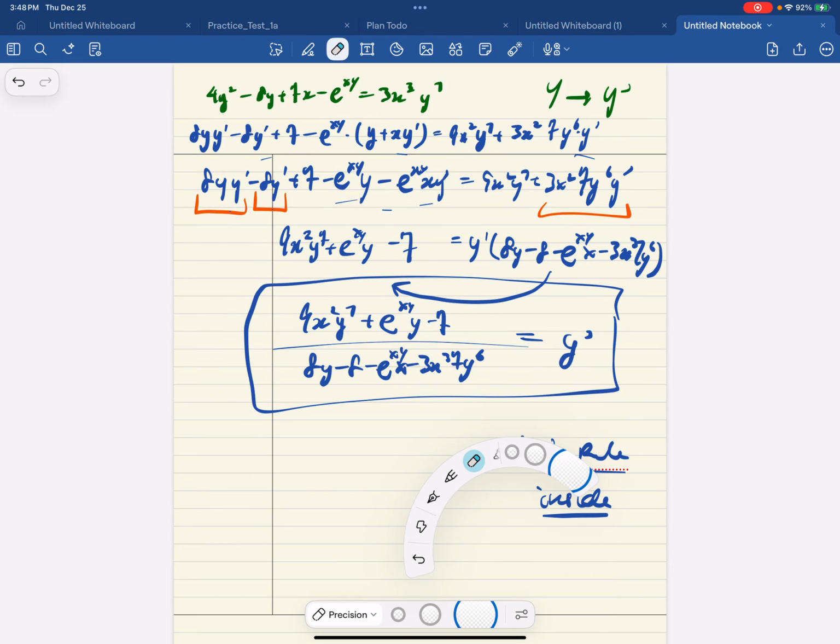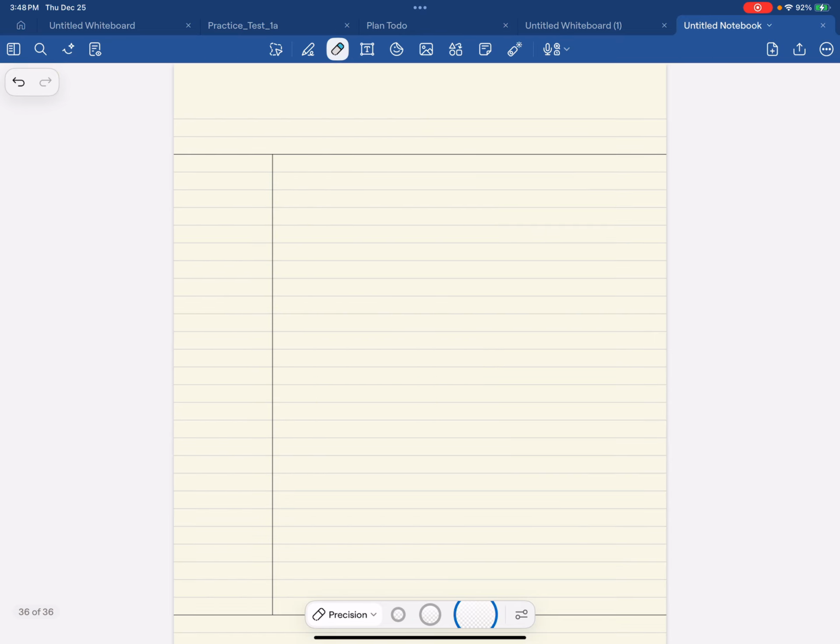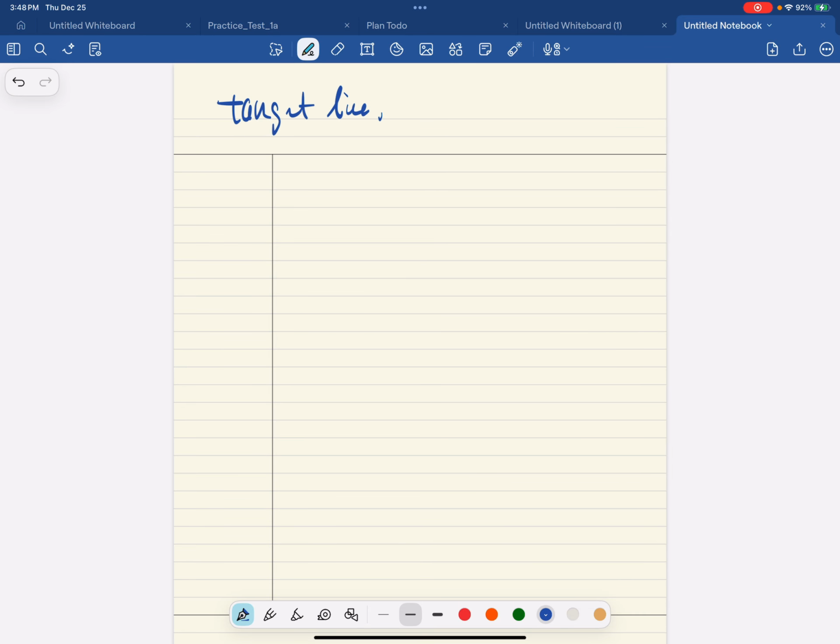Moving on, there are many questions where they ask you for the tangent line question, or the horizontal tangent, where a horizontal tangent line has a slope equal to 0. So the slope of a function is 0.